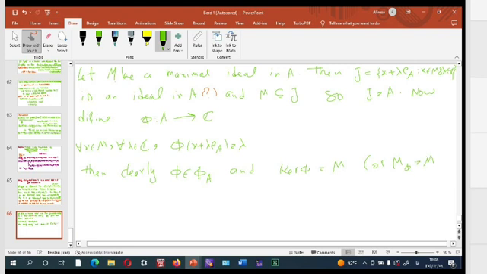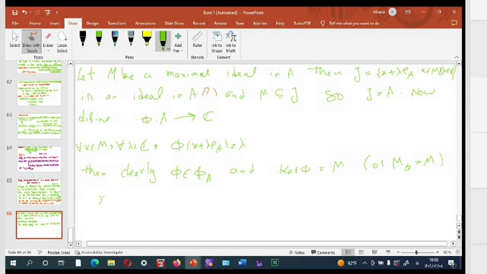It is very trivial that φ of this element equals 0 if and only if λ equals 0.